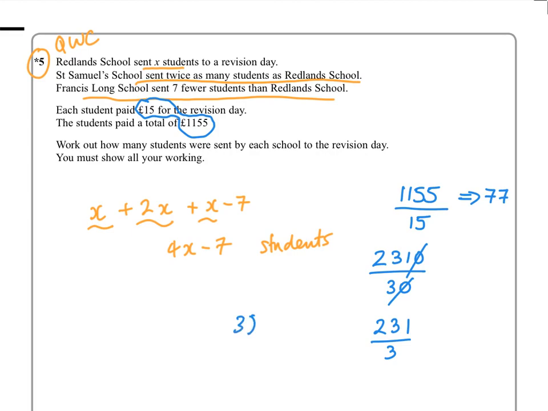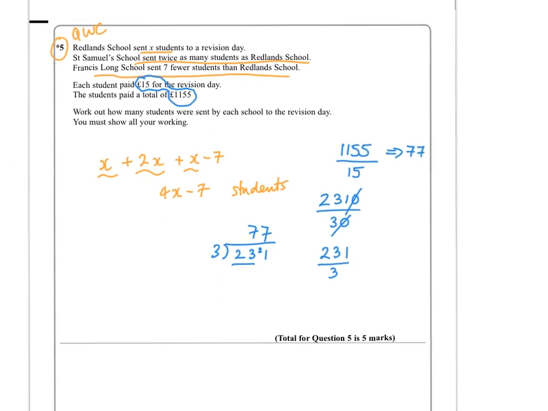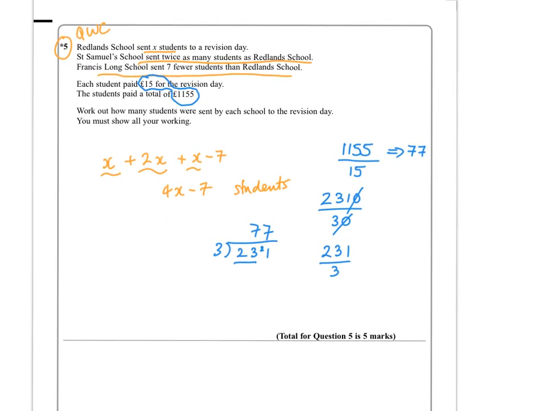Or you could just do a division sum here. 3's into the 23 goes 7, 2 left over, and so on. I'm just highlighting this because whether you've got a calculator paper or not, don't lose sight of the numbers in the question. And when you're doing the non-calculator paper, you've got to not only revise calculator papers using a calculator and not using a calculator, because it will just help your skills overall.